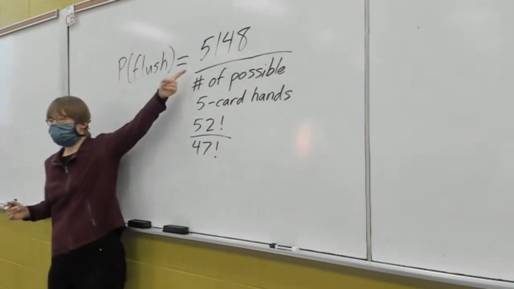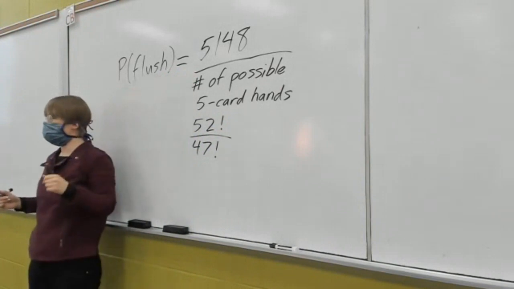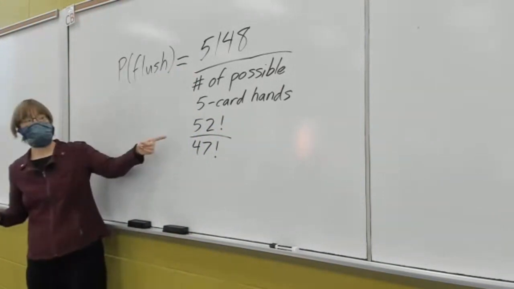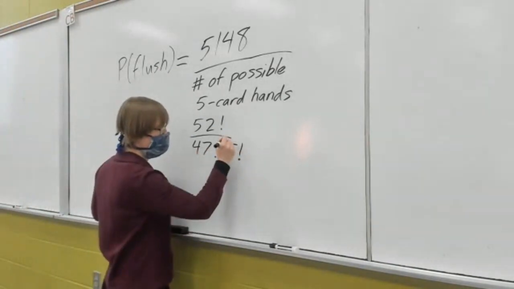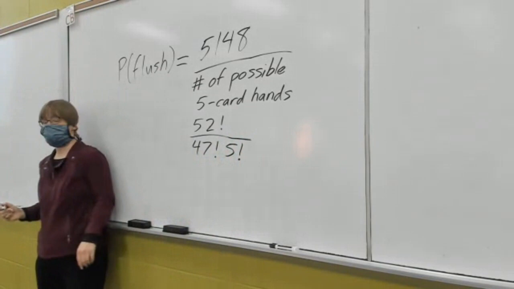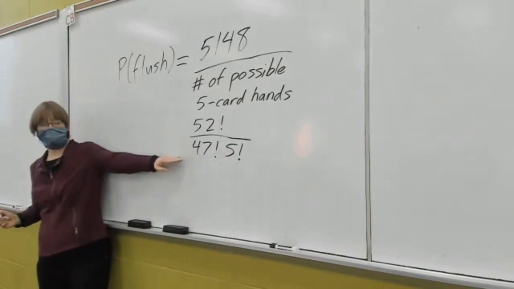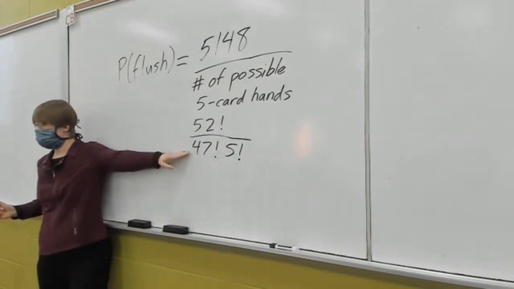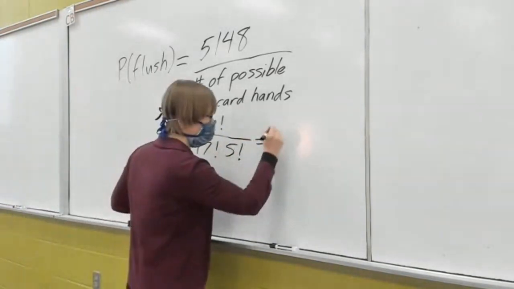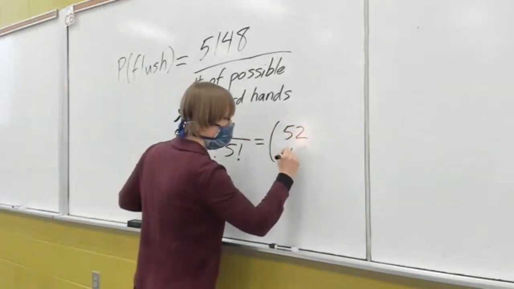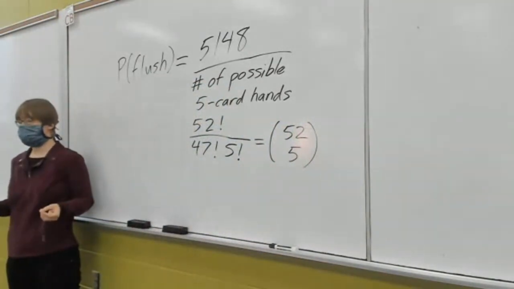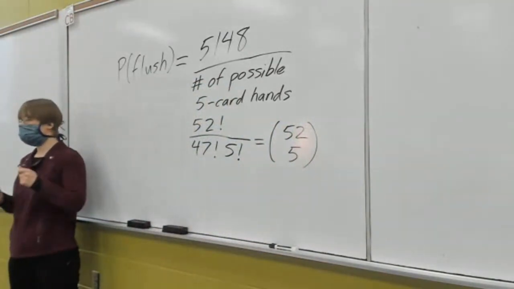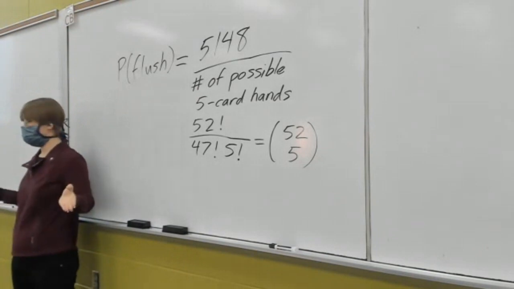But because we computed the numerator saying that order didn't matter, we want to do the same thing in the denominator. So our denominator is going to be 52 factorial divided by 47 factorial times 5 factorial, or in other words, 52 choose 5. The total number of ways to choose 5 cards from a set of 52 where we don't care about order.